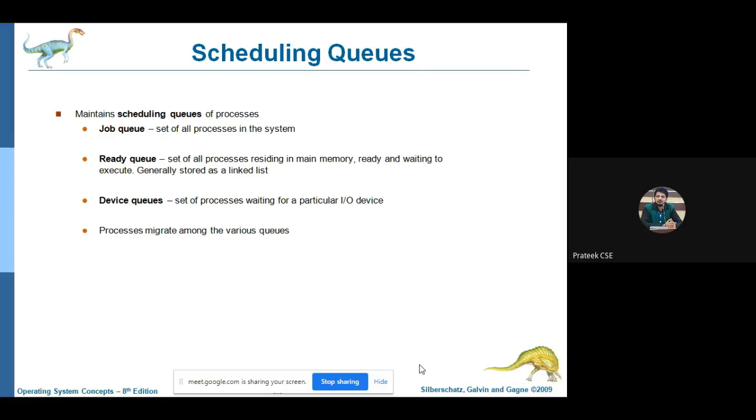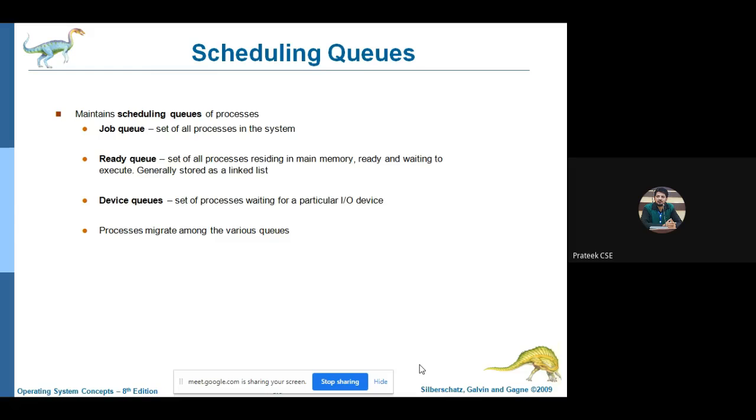So the job queue consists of all those processes which are in the new state, and the ready queue consists of all those processes which are in the ready state, in the main memory, ready and waiting for the CPU. Similarly, if any process requests an input output event, that particular process is sent to a device queue, and the device queue consists of all the processes which are waiting for some input output event.